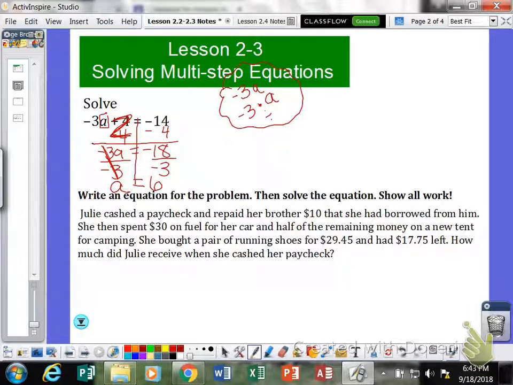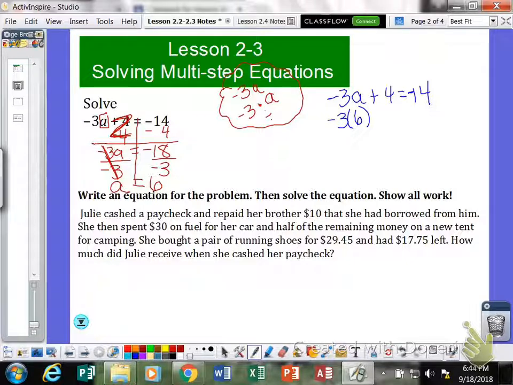Got to check my work to make sure that I am correct. So rewrite the problem. Negative 3a plus 4 should equal 14. So I'm going to multiply negative 3 times 6. This should be negative 14.